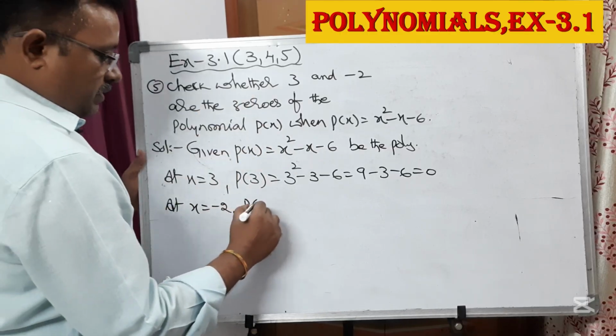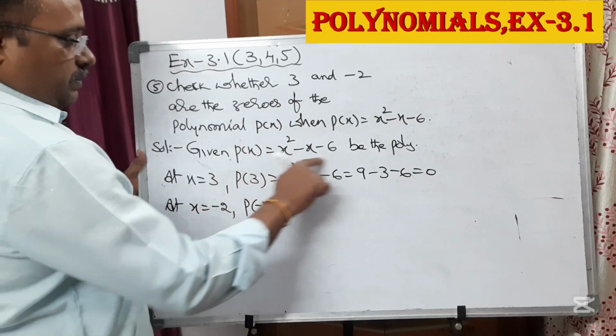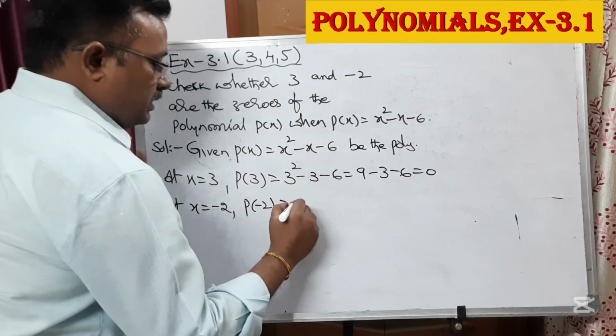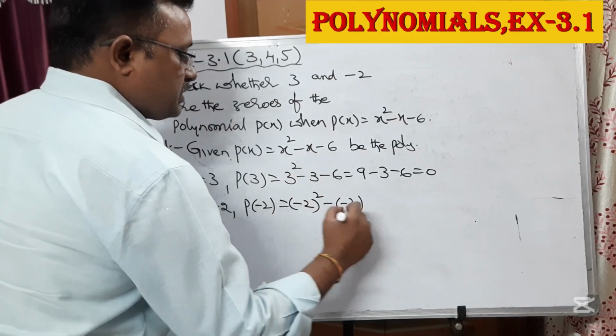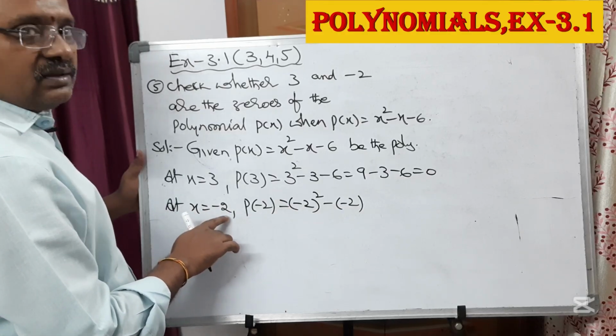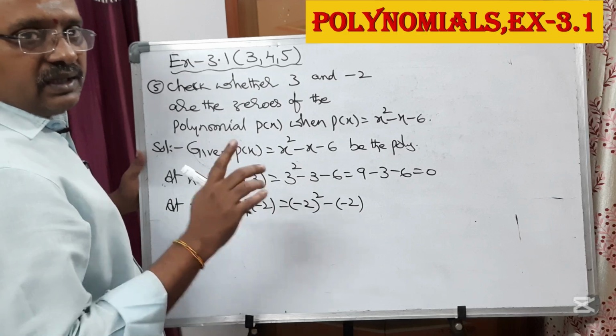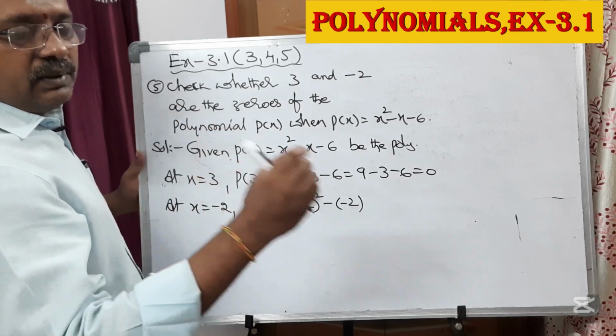Then polynomial value p of minus 2 equal to, substitute this variable value in the polynomial, minus 2 whole square minus (minus 2). Write them in brackets, Nana, because when the variable value is negative, we should be very much careful while simplification.